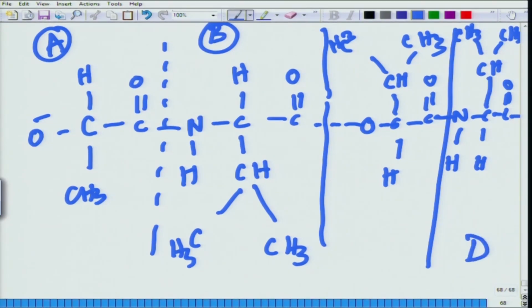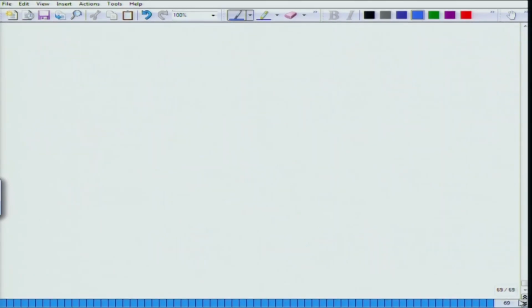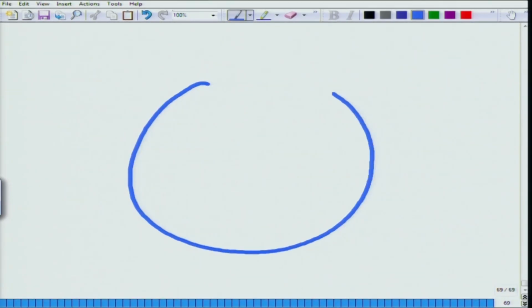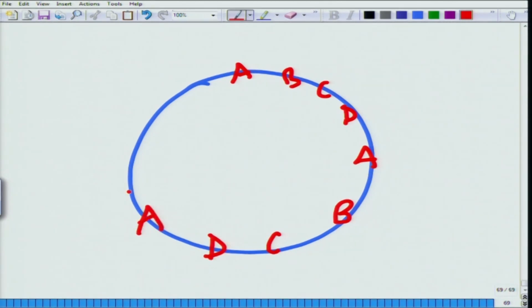So, this is D and this is C. So, this is how it is connected in valinomycin, and when this valinomycin molecule, as I showed you, A, B, C, D, likewise A, B, C, D, A, B, C, D, and then again A, B, C, D. And within the center of it, what you observe is something very interesting.